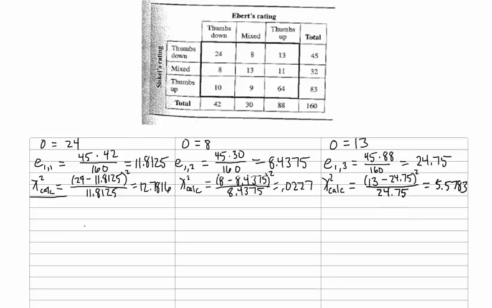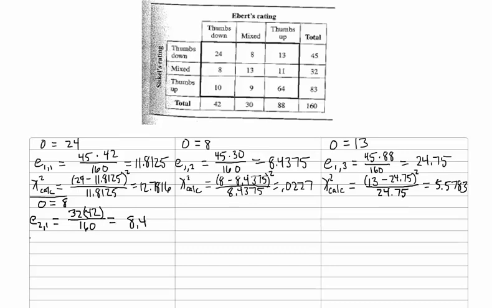And now we're going to continue on row 2. So row 2, column 1, our observed value was equal to 8. Our expected value for row 2, column 1 is equal to 32 times 42 divided by 160, and this is equal to 8.4.